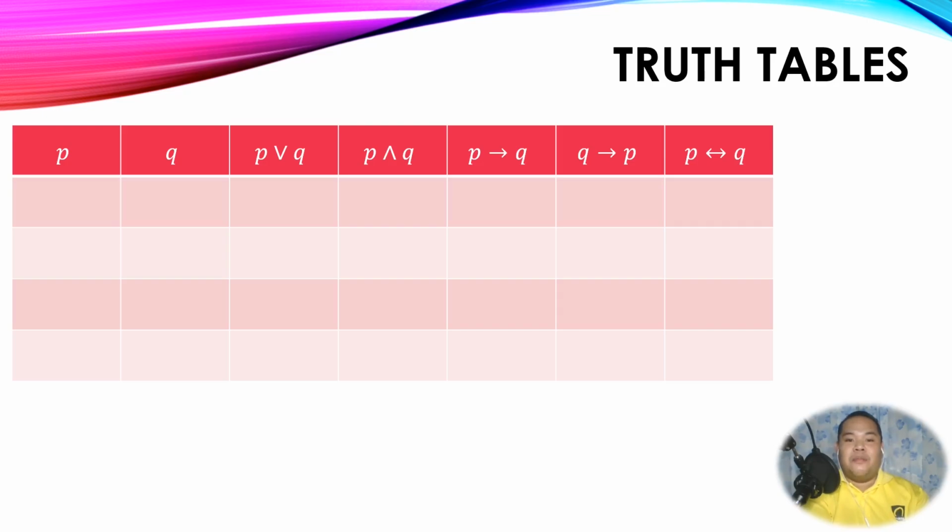We now begin putting truth values to the truth table. Since there are 4 rows per column P, we can say that there will be 2 T's and 2 F's.